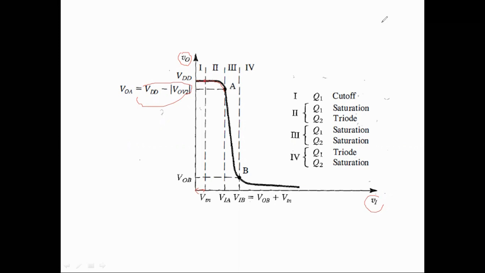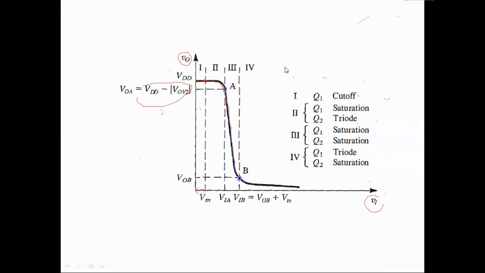Now I will move to A to B, where the transition happens, meaning the output voltage decreases. In this region both the MOSFETs, PMOS and NMOS, are working in saturation. Once the output voltage becomes lesser than VOB, on this side it will be reversed, which means Q1 is in triode region and Q2 is in saturation region.